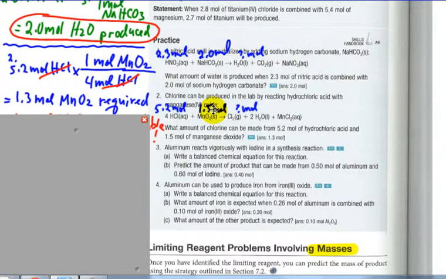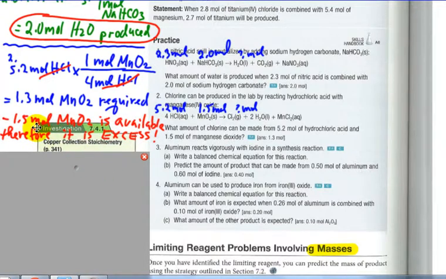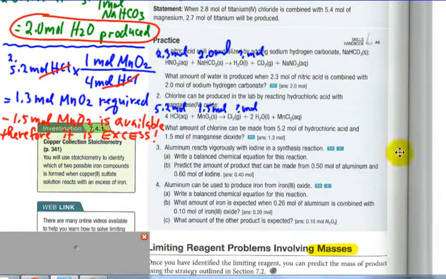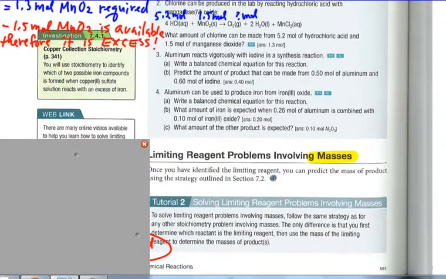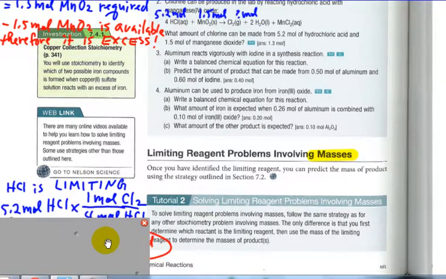Oh, we have 1.5. We have extra even. So we have enough plus extra. So that tells you that this is my excess reagent, and this must be my limiting reagent. So 1.5 moles of MnO2 is available, therefore it is excess. And of course, therefore the other one is limiting. So HCl is my limiting reagent.